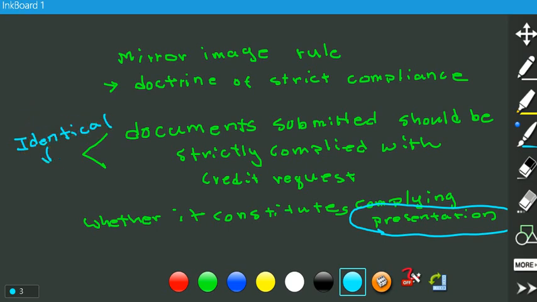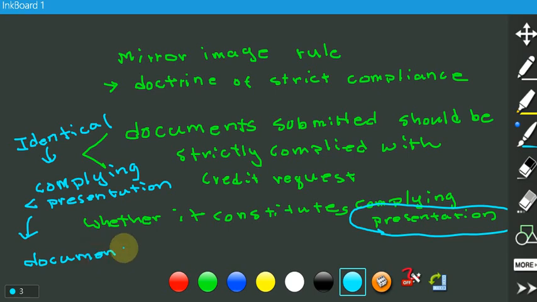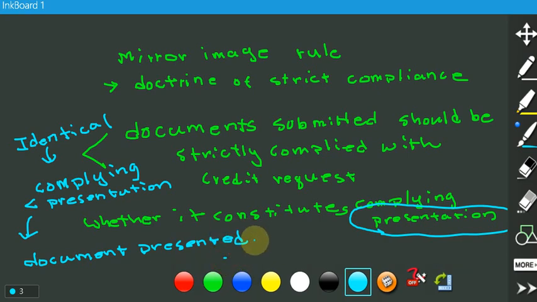The meaning is that the complying presentation and the document presented should be the same, strictly the same.